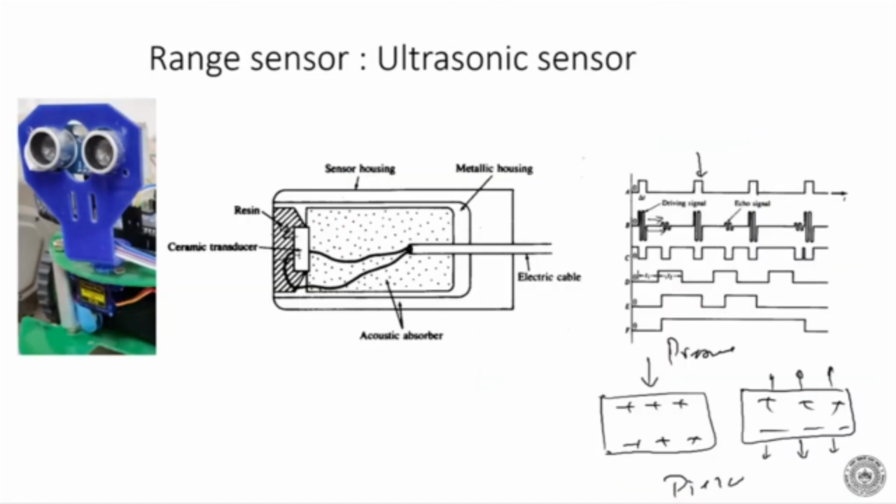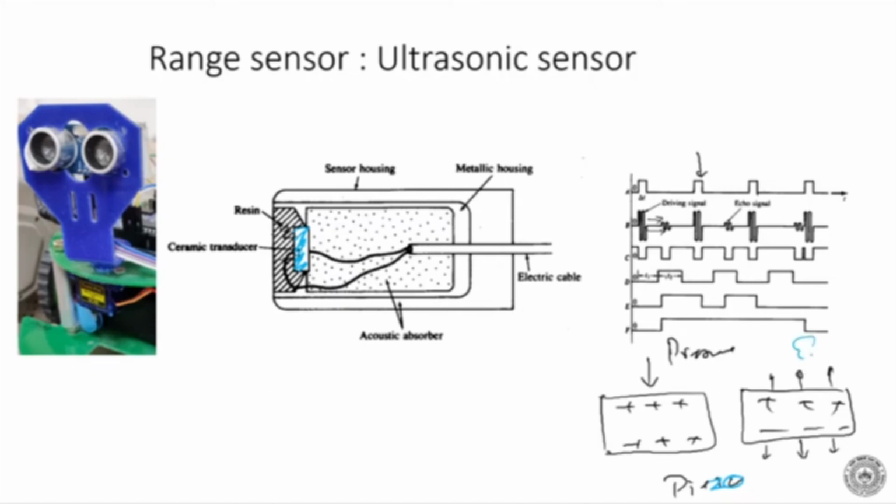Now very quickly looking at the ultrasonic sensor. The ultrasonic sensor has a ceramic transducer inside here, which is basically a piezo. A piezo crystal, as you know, if you give it pressure it will produce charge, and if you give it charge it is going to expand.